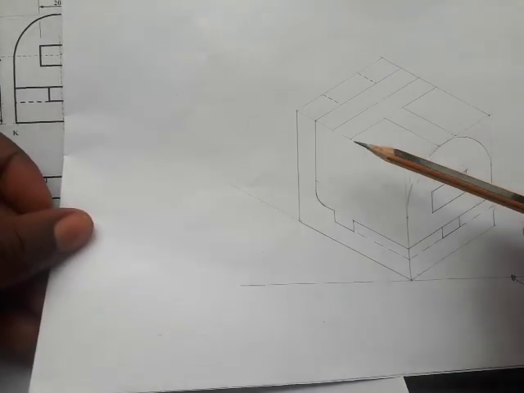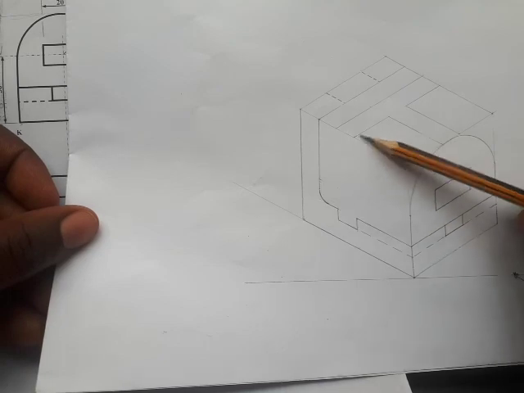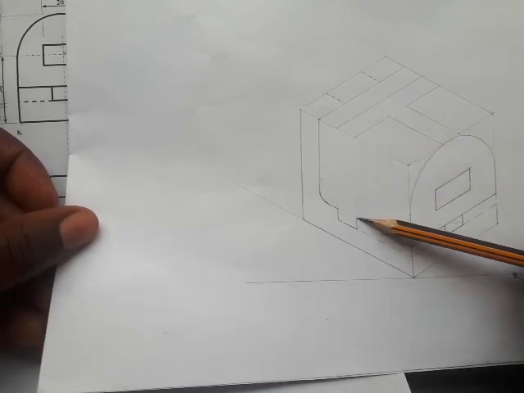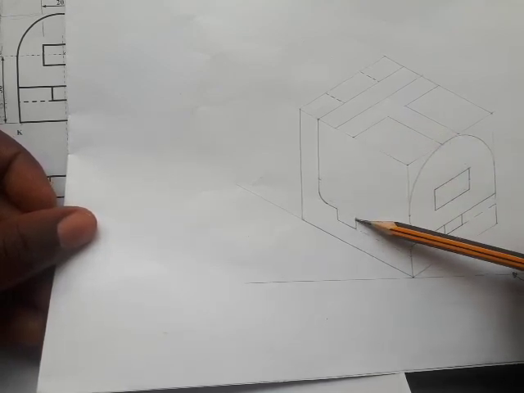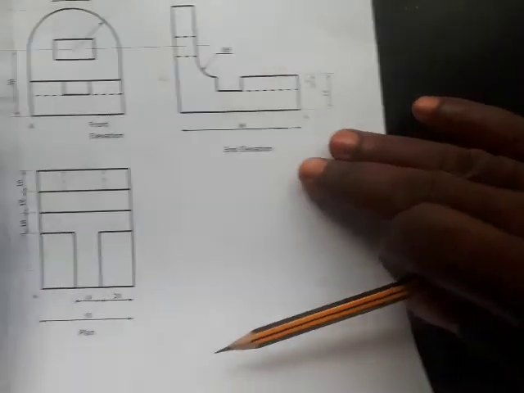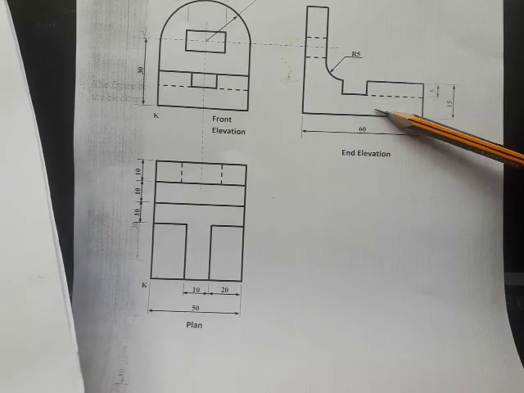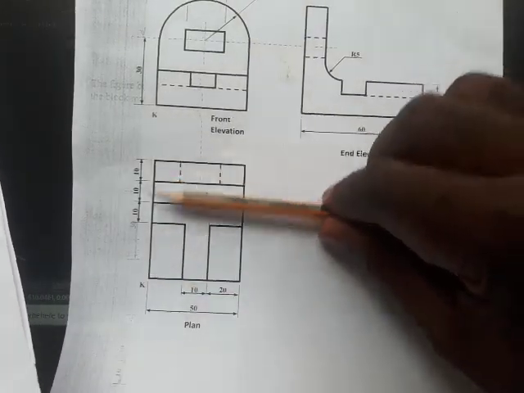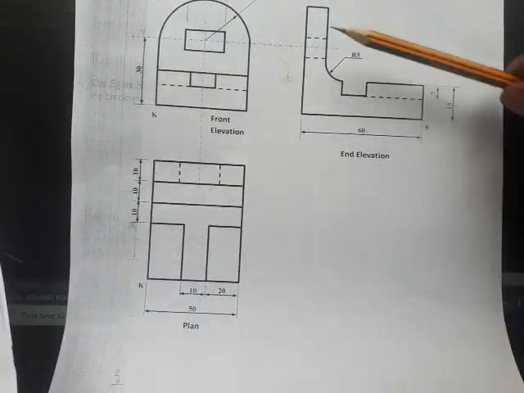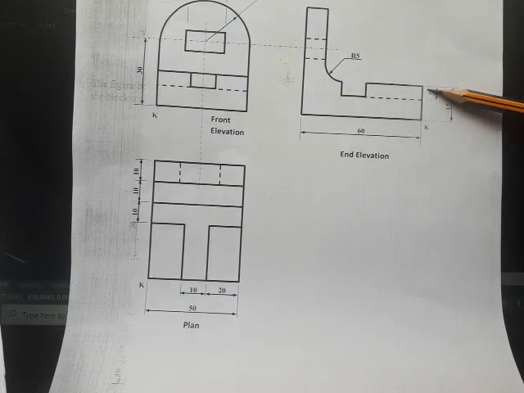This part is corresponding with this, so you move it down here, because from our end elevation here, this part is not actually at the top. You move it down from this top to this, so it will correspond.